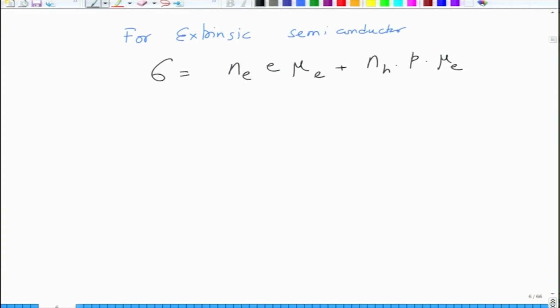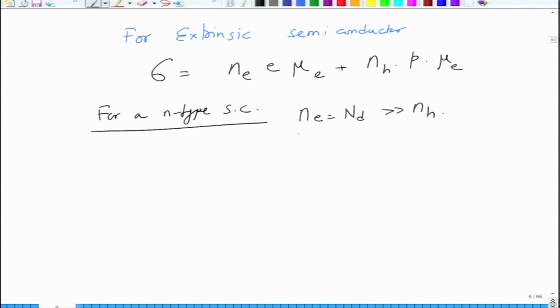So p is the hole charge and e is the electronic charge, which are plus and minus 1 in both cases. Now let us say for an n-type semiconductor, we are saying that Ne is equal to Nd, which is a lot higher than Nh, and Nh is equal to Ni square divided by Nd.